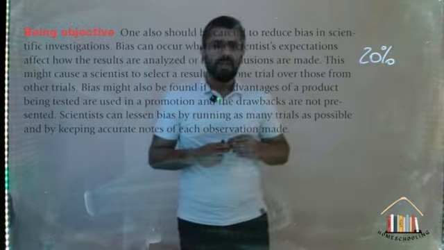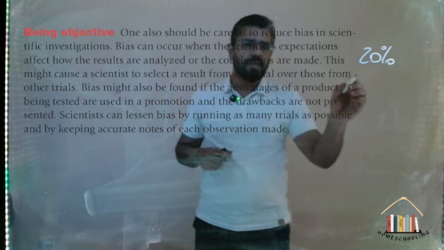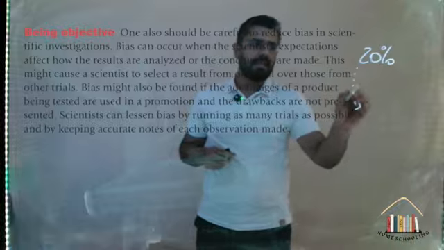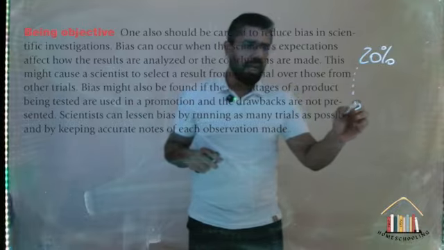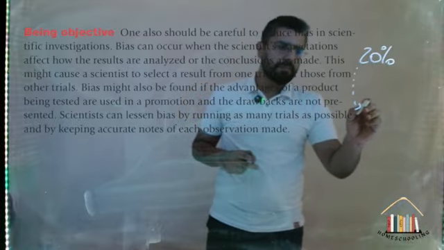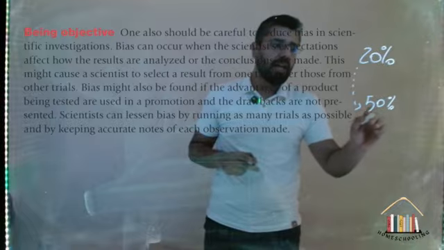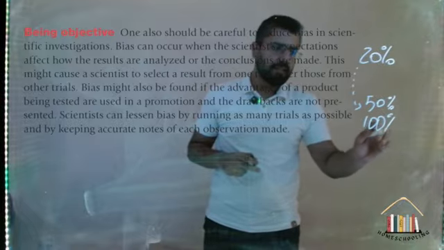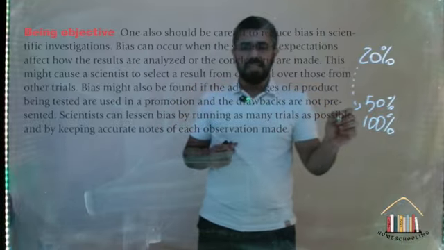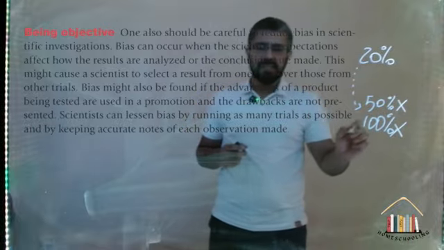If I don't want to be objective, I exaggerate and say to my peers that it's not 20%, but that my vaccine cured, say, 50% or 100%. That's a strong claim. 100% of people who took the vaccine get cured, which is wrong. Okay, that's about being objective.